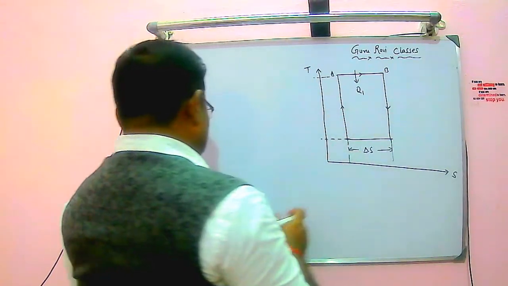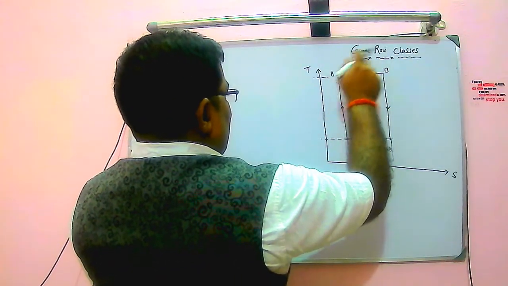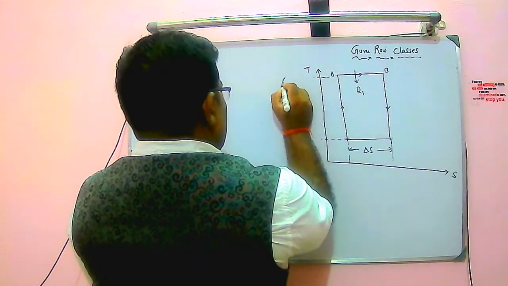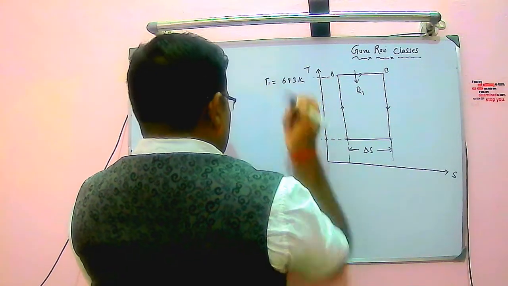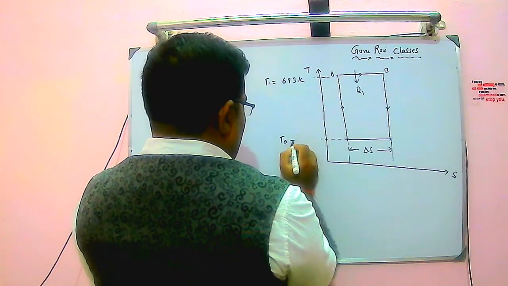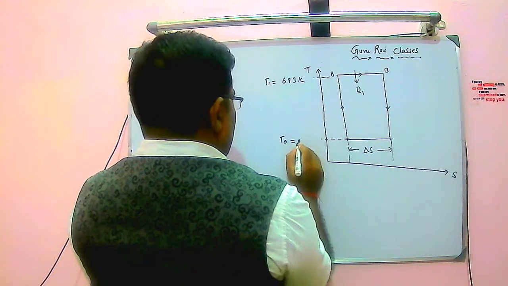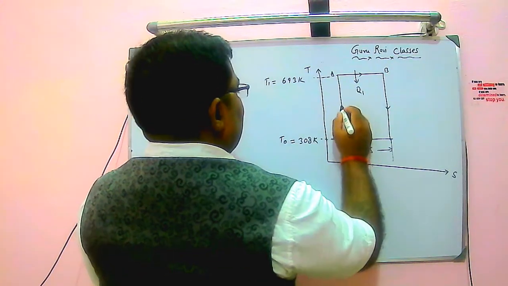The first process is vaporizing at 693 Kelvin. So this is my temperature T1. And it rejects heat at 35 degrees Celsius, so this is basically the lowest temperature, or I can say the sink temperature is 308 Kelvin, and water is condensing somewhere in between.